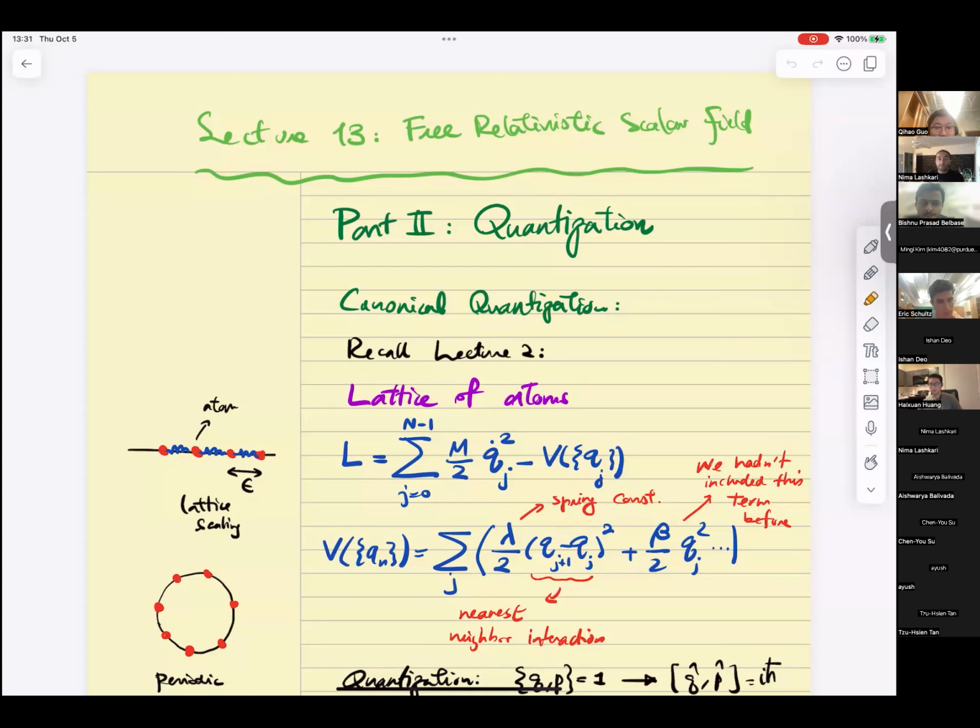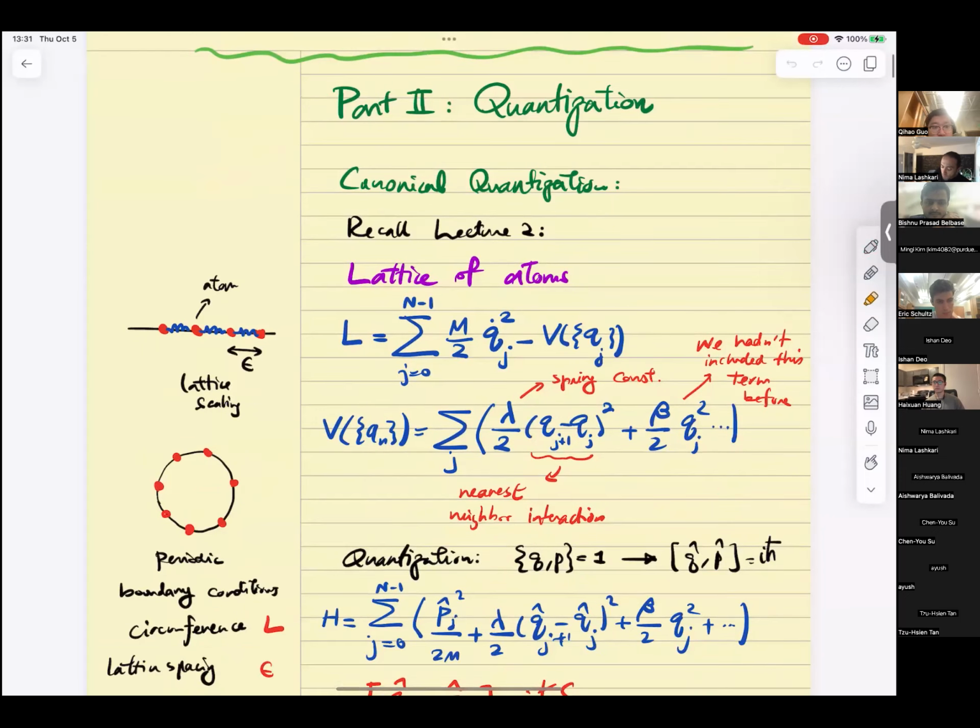Because I always start every lecture with a review, and we started our conversation about quantization in lecture 2 when we talked about the theory of phonons, quantum sound, it's good to go back and do a little bit of review of that, and then start our conversation of today's lecture, which is about the free relativistic scalar field, from where we dropped at the end of lecture 2.